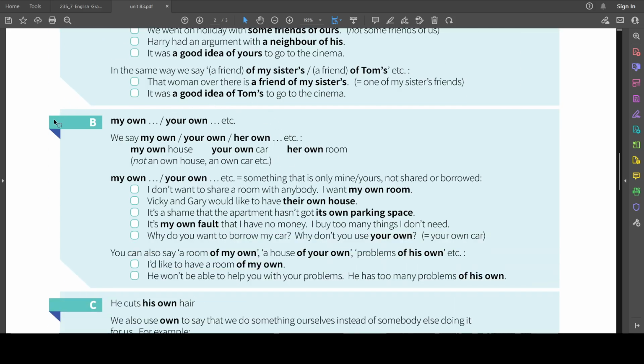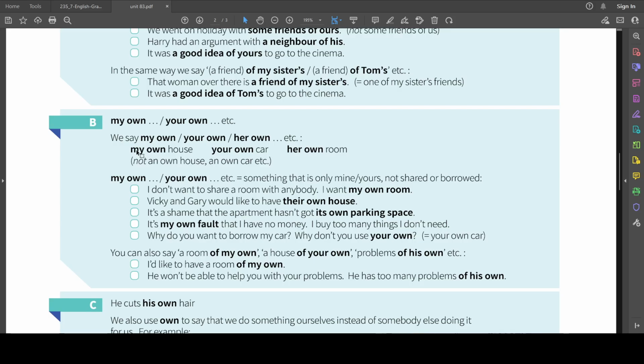Let's move on to the next part. My own or your own, and etc. We will say my own, your own, her own, his own, or something like that. Check it out. We use possessive adjectives with this expression, like my own.